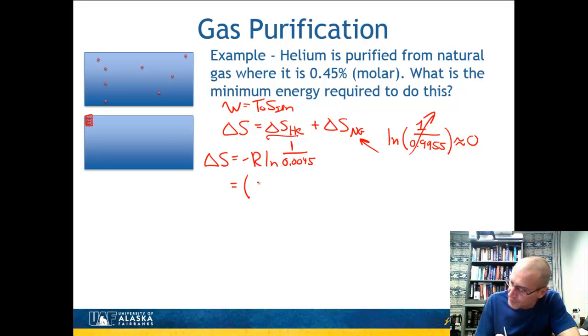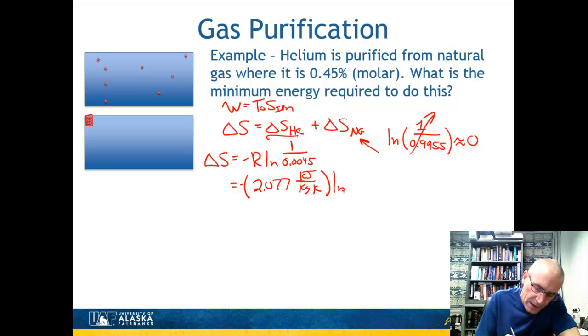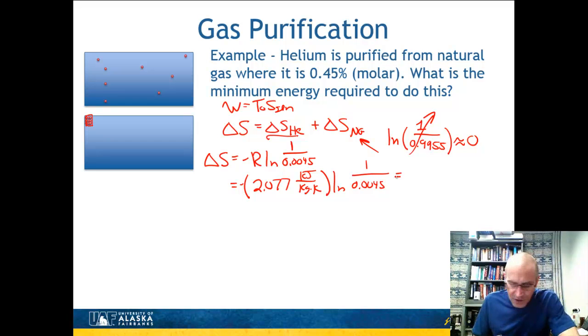This is minus R of helium, which is 2.077 kilojoules per kilogram Kelvin, times the natural log of 1 over 0.0045.